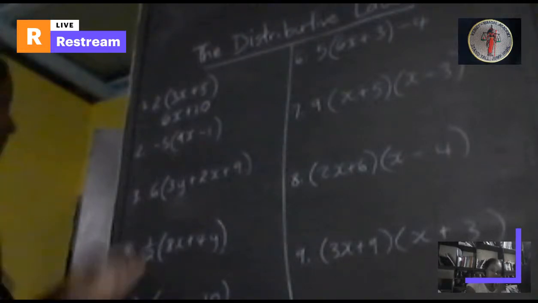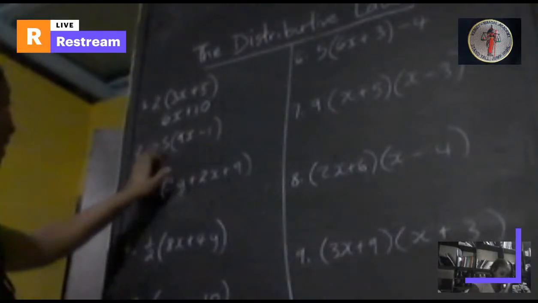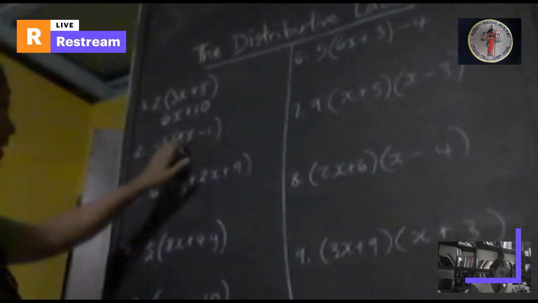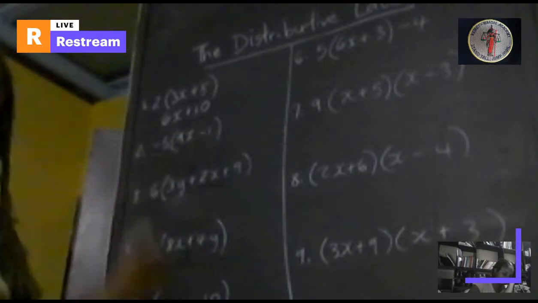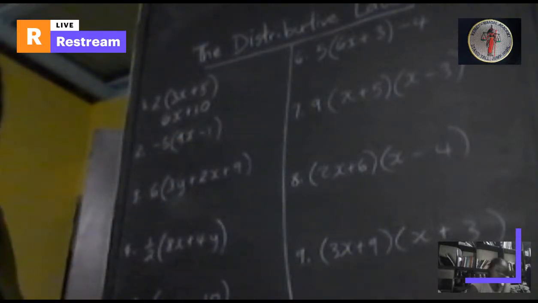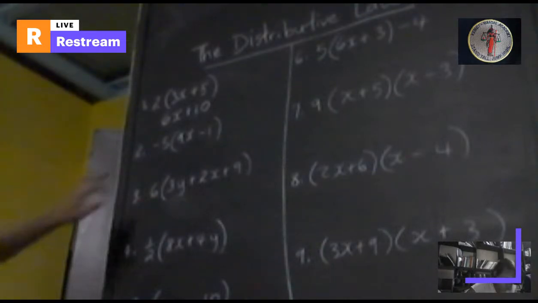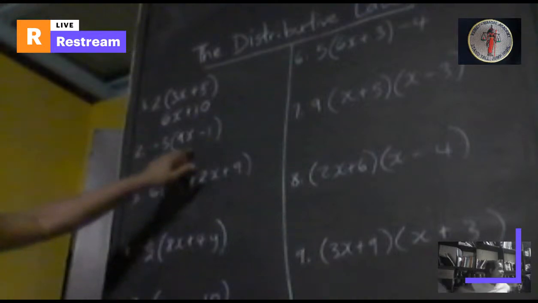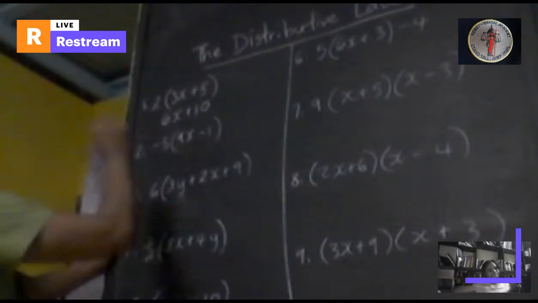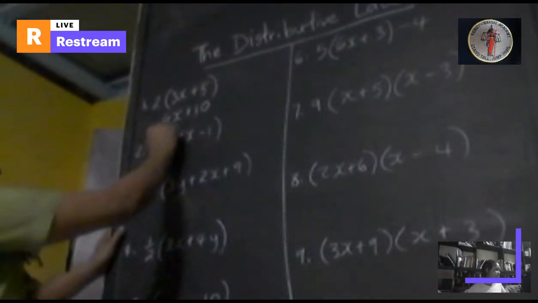For number 2, what we have is -5 on the outside, bracket, 9x minus 1, close bracket. So we're going to multiply the -5 by the 9x. I'm going to put the arrows.